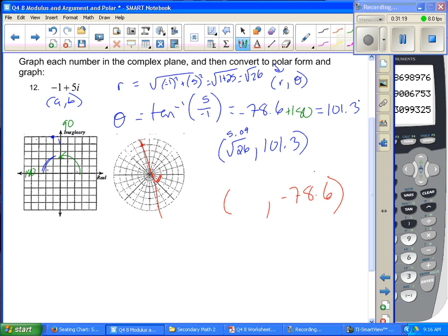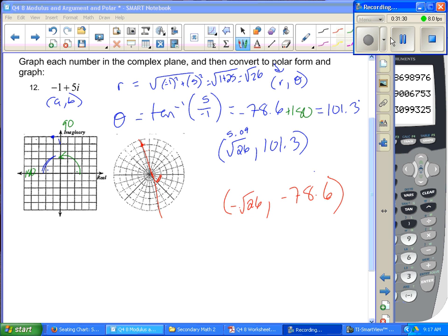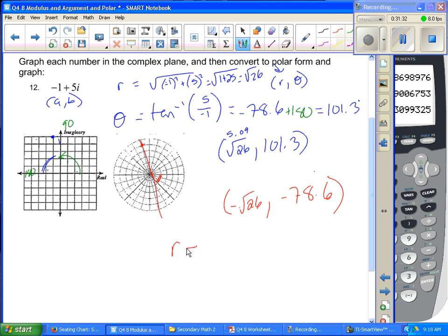If I'm here in the 4th quadrant and I want to get to the 2nd quadrant, I can use a negative R and it pushes me backwards into the 2nd quadrant. So I could do negative root 26 and it would still be that point there. If R is positive, you move towards the angle. If you use a negative R, you move away from the angle.